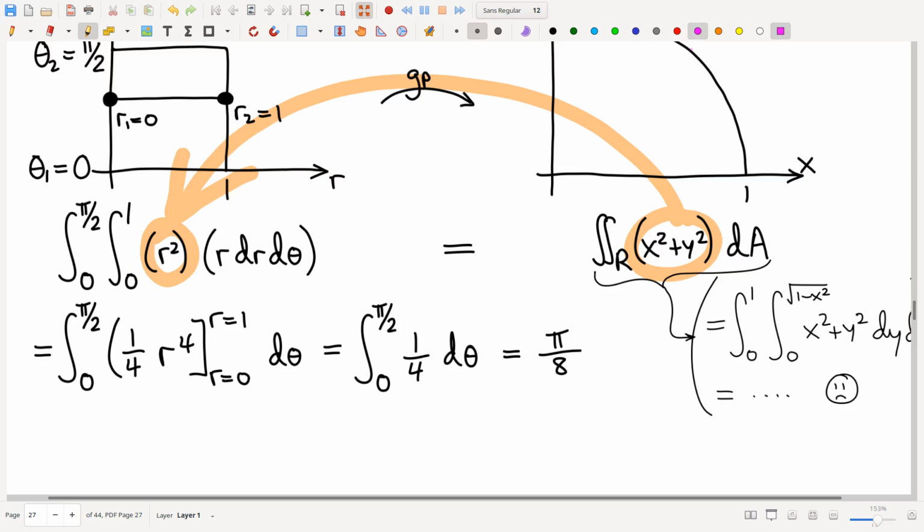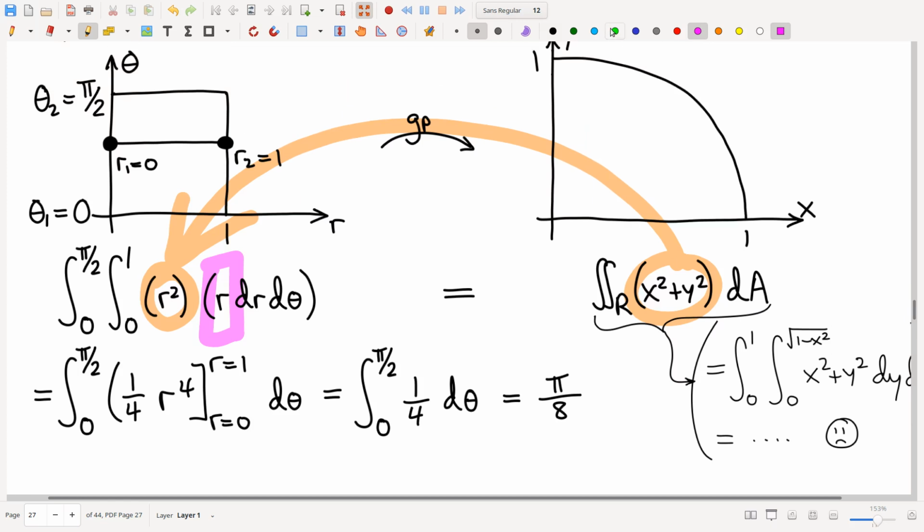Don't forget to add your stretching factor. On the previous page, we've already justified that the stretching factor is r. Notice that we have lived up to our promise. We have only selected values of r that are non-negative, right? We didn't venture into the left side of the r theta plane there.